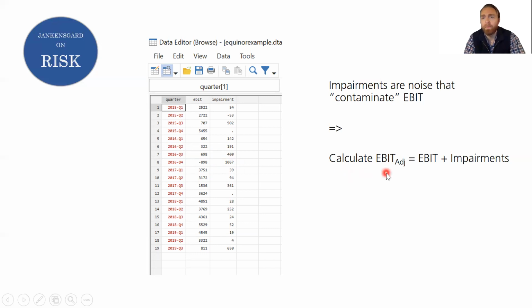So let's back that out. Let's reverse impairments from the model, as if they didn't happen, or basically exclude them. So we get EBIT adjusted, which doesn't contain this impairment effect. In addition, there could be a link between impairments and the oil price, right?